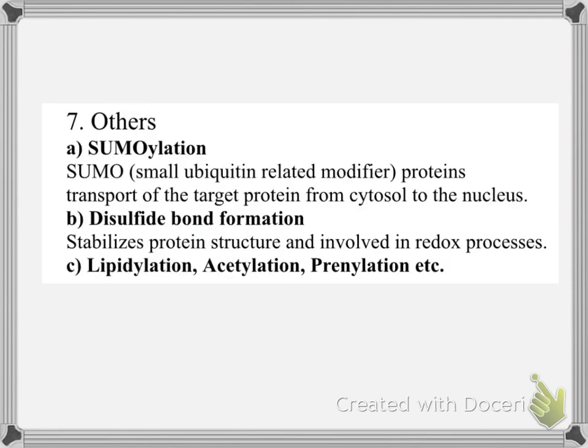Now we can discuss some other processes. They are sumoylation. SUMO means small ubiquitin related modifier protein. They are 100 amino acid residue proteins which bind to the target protein in the same way as ubiquitin.